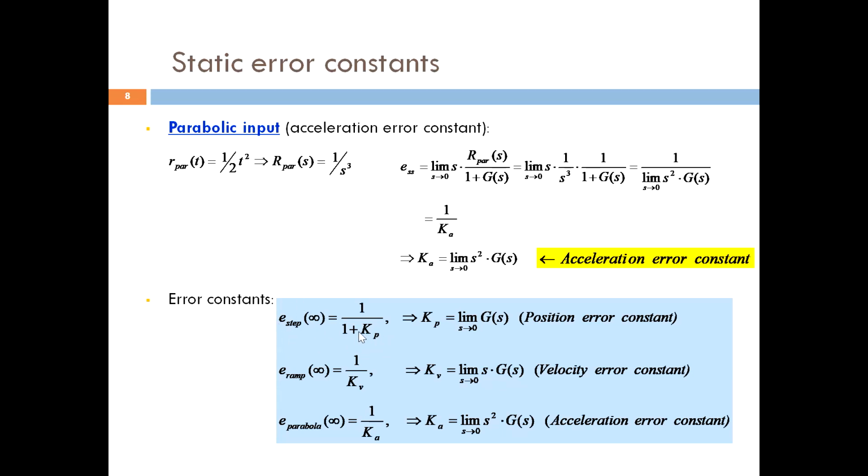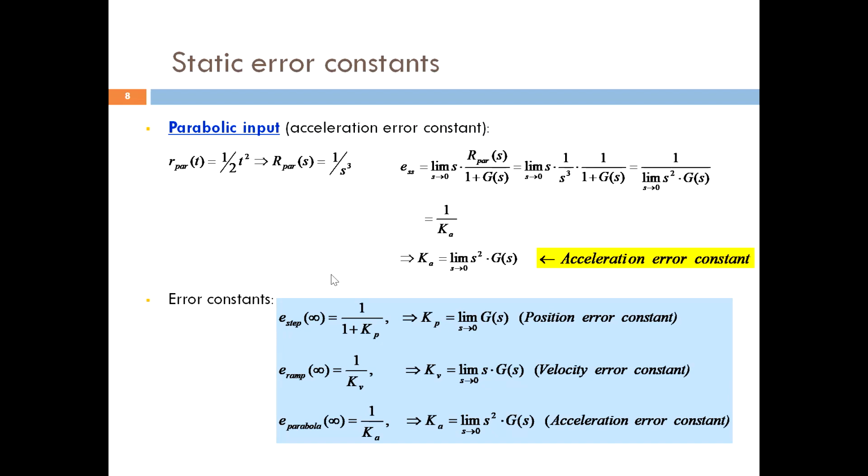In the case of a step input, we've got a position error constant given by this expression. For ramp input, we've got a velocity error constant given by this expression. For a parabolic input, we've got an acceleration error constant given by that expression. Okay, so that's on the side of the input.